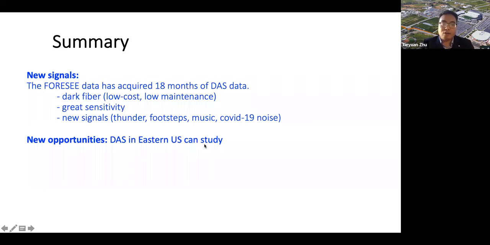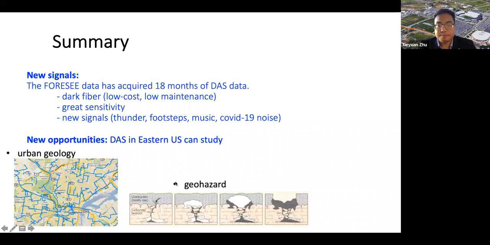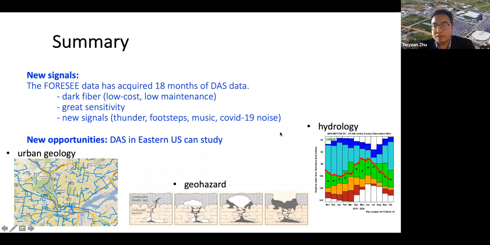I hope my results can shine light on future DAS arrays in the Eastern US. For example, we can use the very dense dark fiber in urban areas to study the geology in urban cities, where geophones were not easy to deploy in the past. We can also use it for geohazard study, especially sinkholes, which are very common in Pennsylvania and Florida.